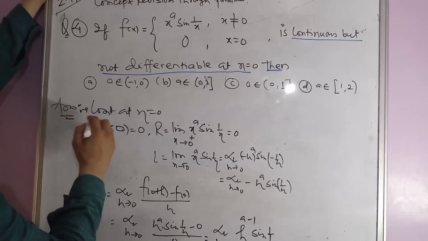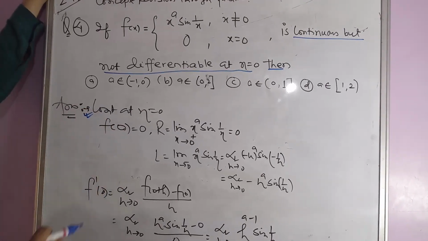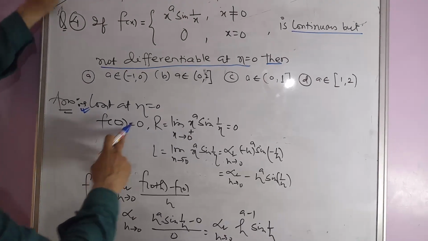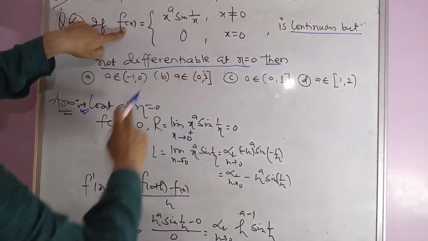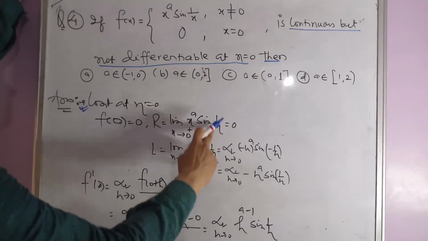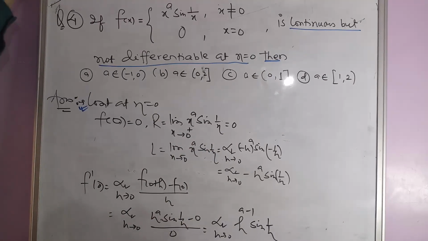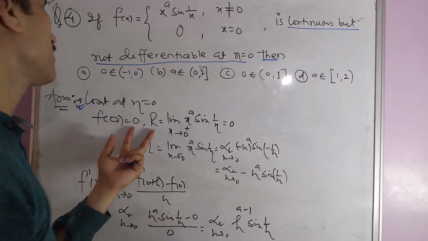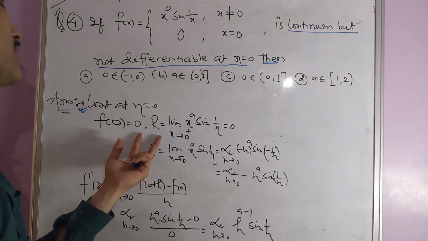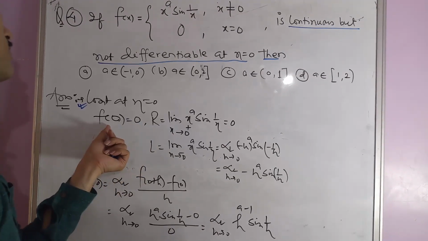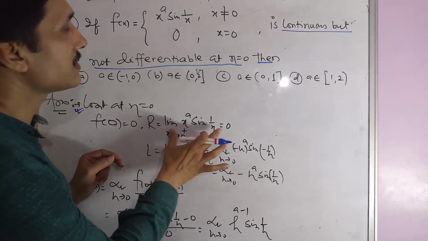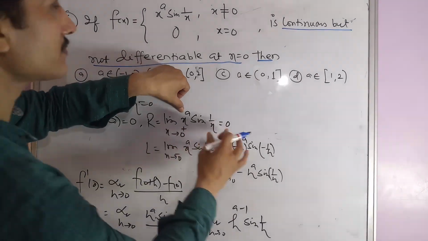First of all, for continuity at x equal to 0, we compare the limiting value and the functional value. F of 0 is 0, and the right hand limit is x tends to 0 plus of x to the power a sine 1 by x. For continuity at x equal to 0, we must have the right hand limit and left hand limit both equal to the function value. That is, this must be 0 here.